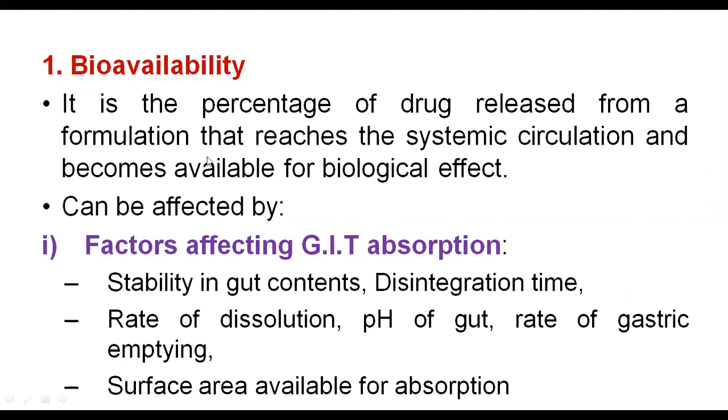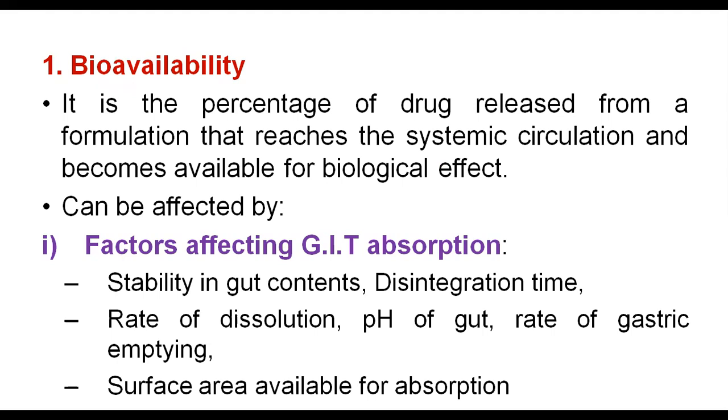So when a drug is administered, let's say orally, remember that from the GIT, whatever is absorbed will first be taken to the liver. In the liver, a certain amount of the drug will be made inactive.